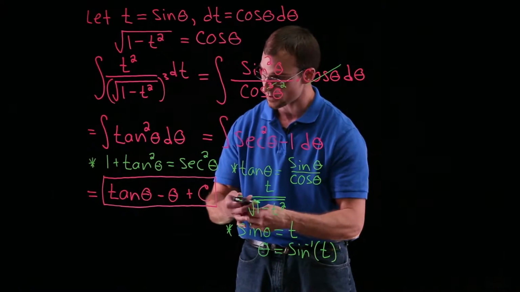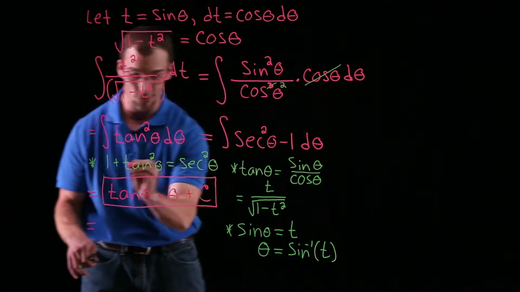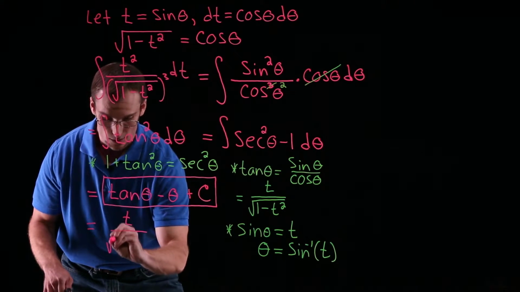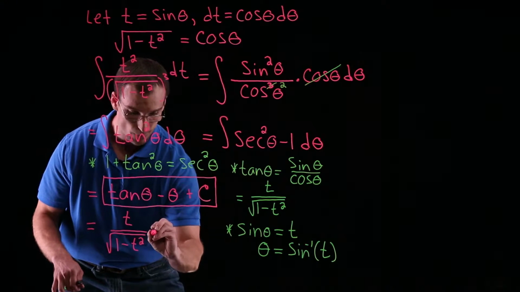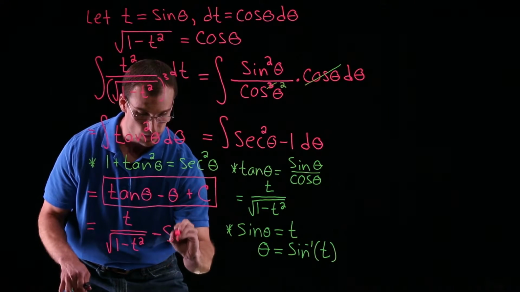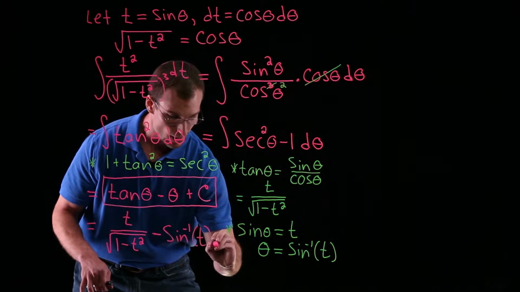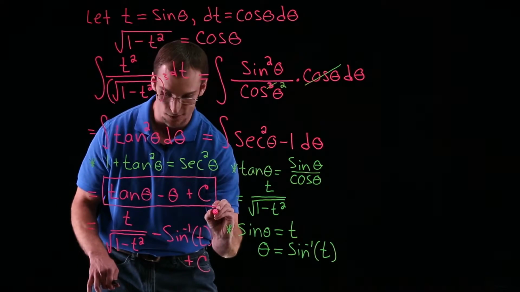So now we can make our substitution in here and get our antiderivative as a function of t. So again, for tangent, we have t divided by the square root of 1 minus t squared, minus theta, or minus sine inverse of t, plus our general integration constant c.